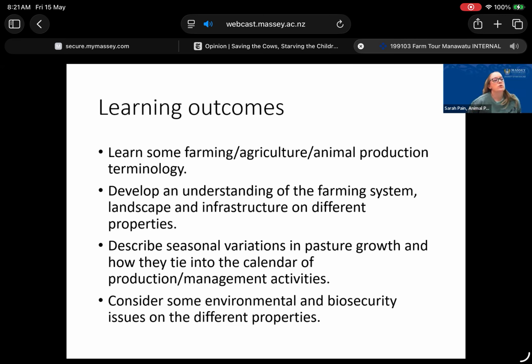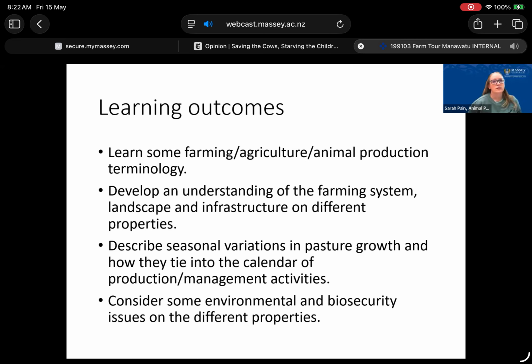But for people that have not been to farms or are not from a farming background, the idea behind today is just basically to set eyes on what it kind of looks like inside a couple different farming systems, and to learn some of the terminology that we use to refer to things on farm, to understand some of the different infrastructure, like the buildings and the sheds and yards and things that are required on different types of farms.